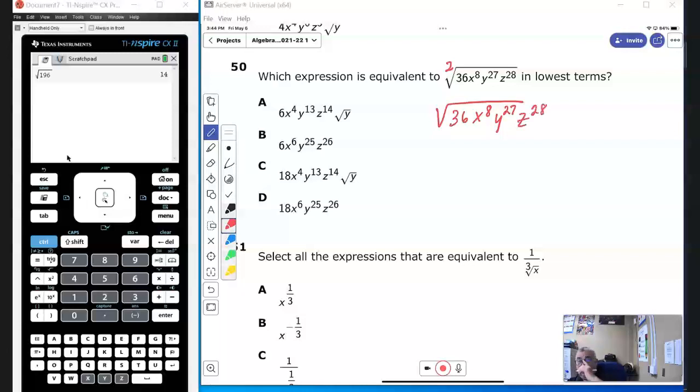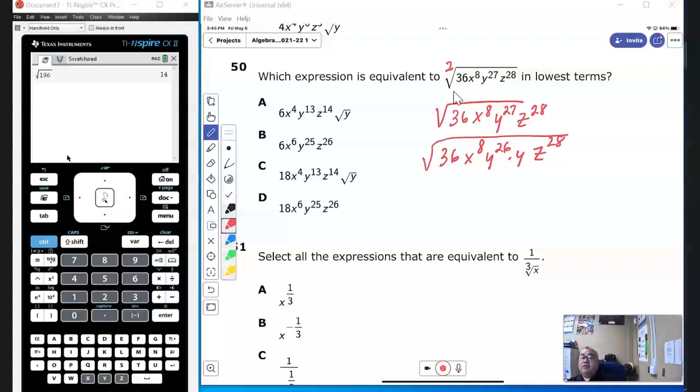So what I'm going to do is rewrite this. We have 36 times x to the 8th, y to the 26th times y, and then z to the 28th. Because I know that y to the 26th times y gives you y to the 27th.